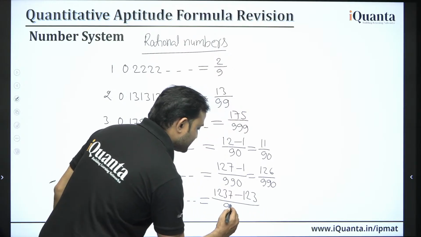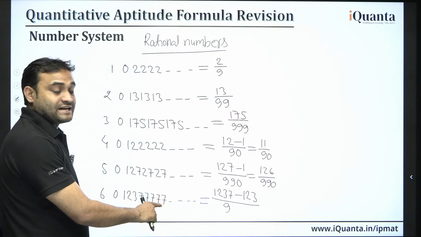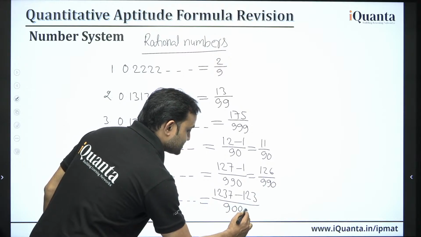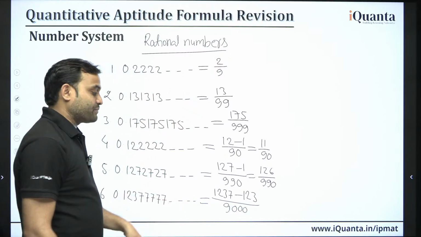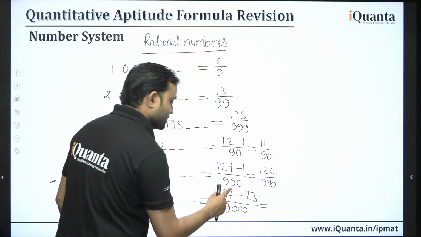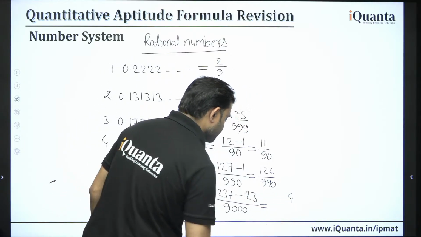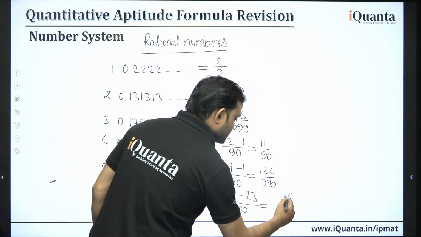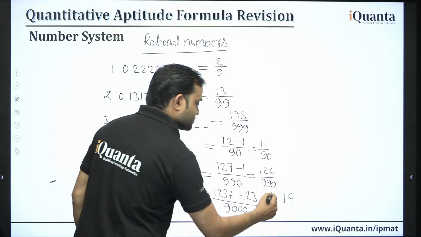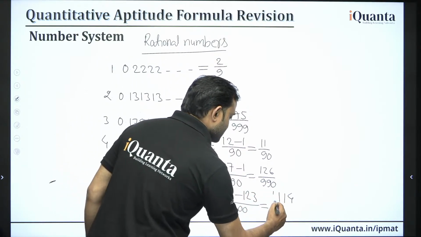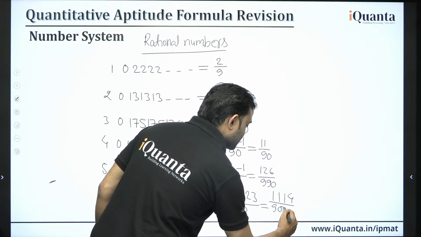Now how many nines? 1 nine, because one digit is repeating itself. How many zeros? 3 zeros, because 3 digits are not repeating itself. This will be equal to 7 minus 3 is 4, 3 minus 2 is 1, 2 minus 1 is 1, and then 1114 divided by 9,000.